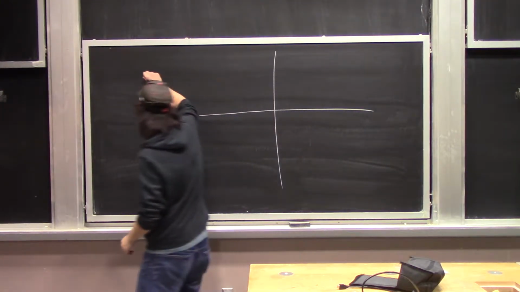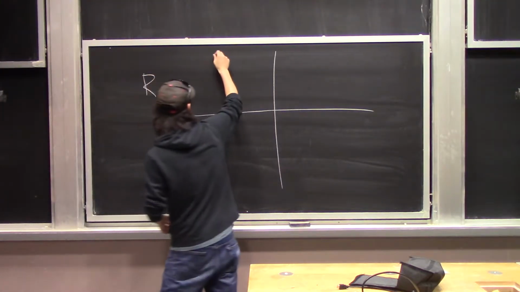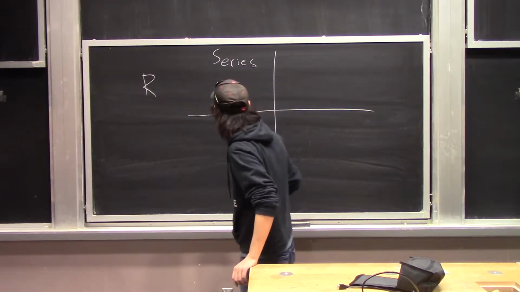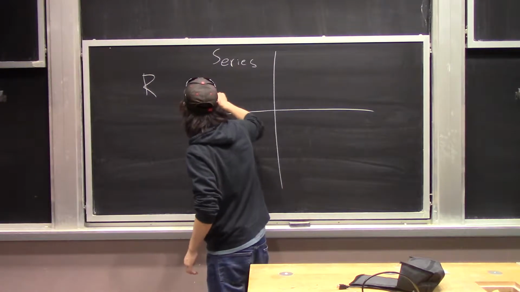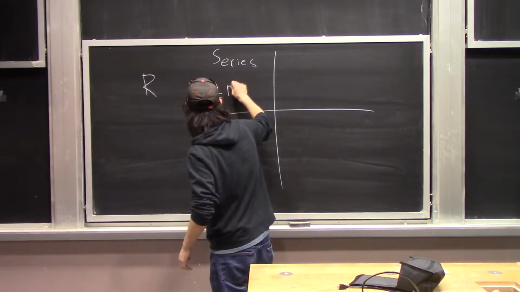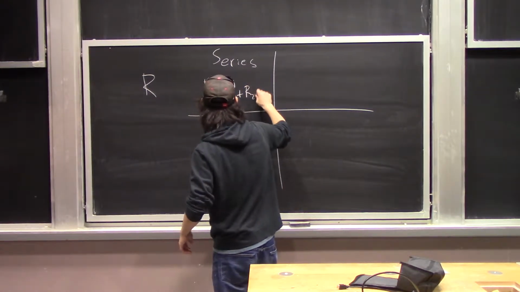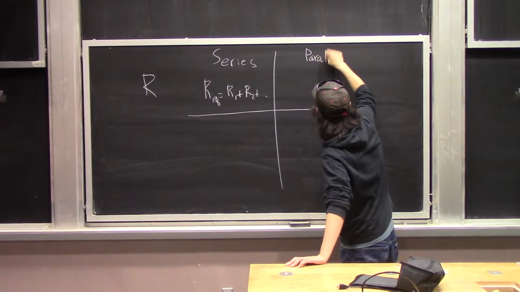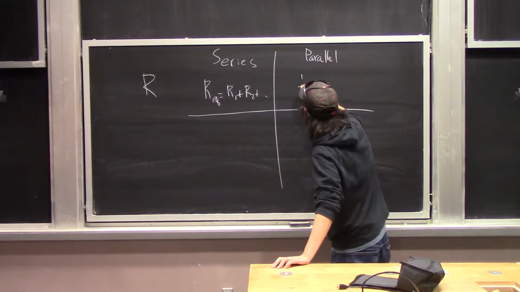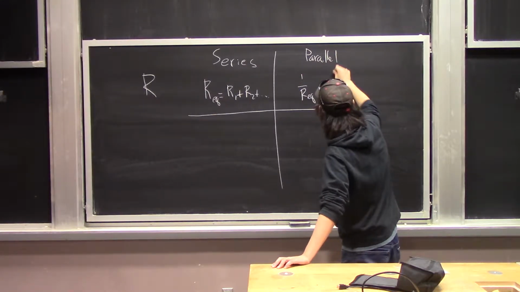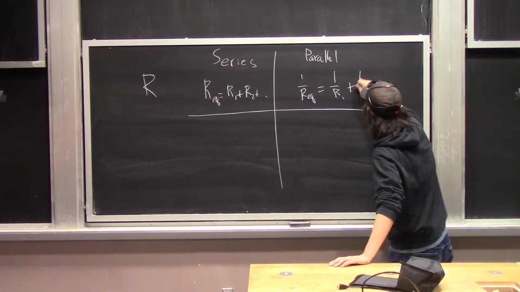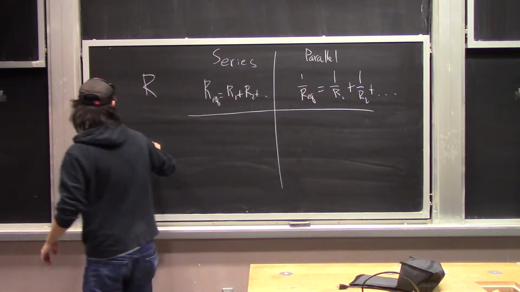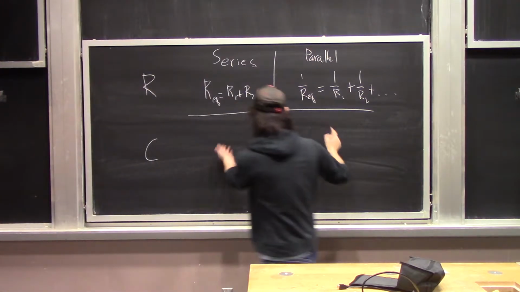For resistors, what we found was that in series, when we add these together, Req is equal to R1 plus R2 plus ... In parallel, 1 over Req is equal to 1 over R1 plus 1 over R2 plus ... Now, for capacitors, this is just the reverse.